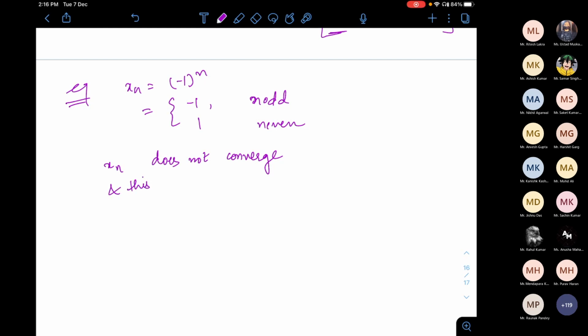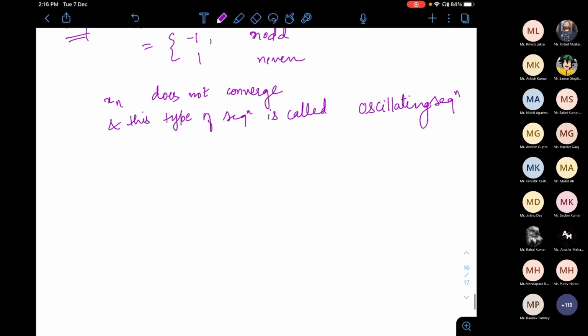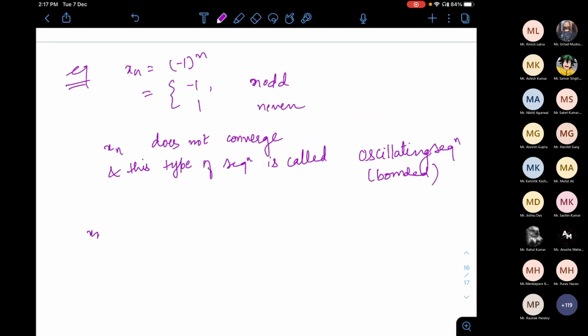And this type of sequence is called an oscillating sequence. Example of a bounded oscillating sequence: 0, 1, 2, 0, 1, 2, 0, 1, 2.